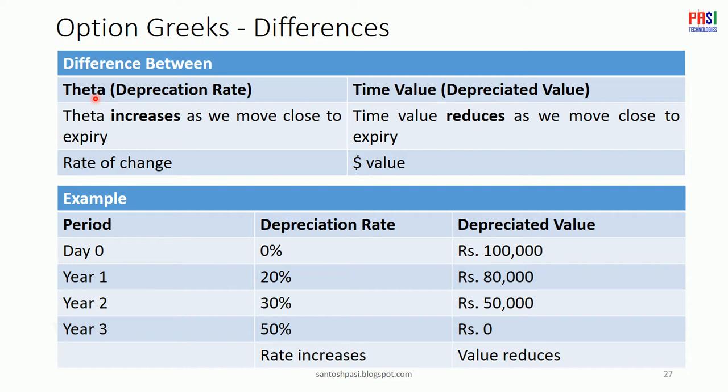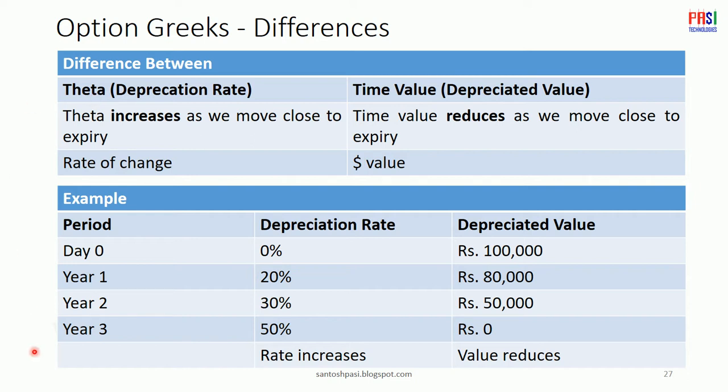If I'm in the option trade and I move close to the expiry, then my theta actually increases, my rate of depreciation increases, whereas my time value reduces as you move close to the expiry. Theta is a rate of change, so it would be like a percentage value, versus time value is a depreciated value, so it will be a rupee value or a dollar value.